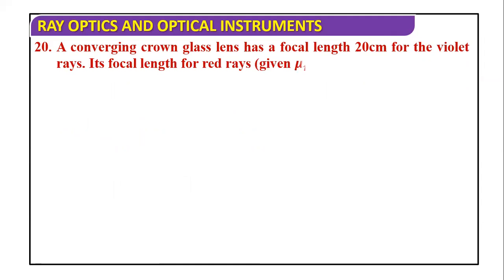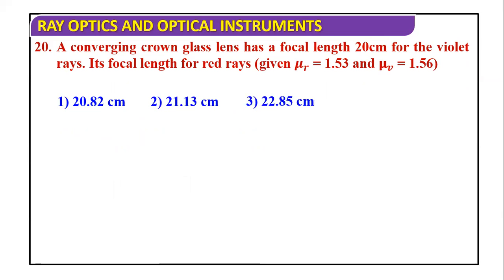Next question. A converging crown glass lens has focal length 20 centimeter for the violet rays. Its focal length for red rays will be, given mu r and mu v. Here, 1 upon focal length is directly proportional to mu minus 1.